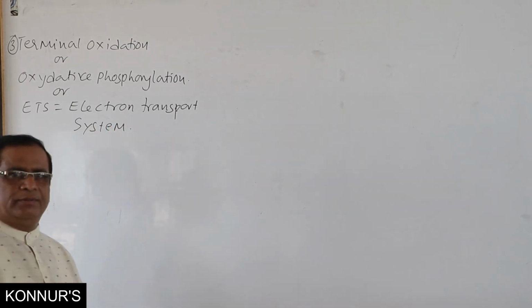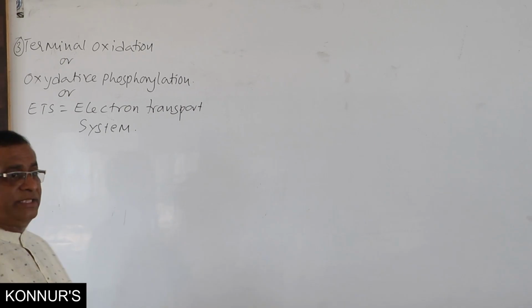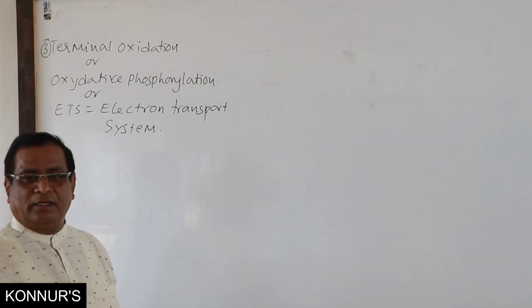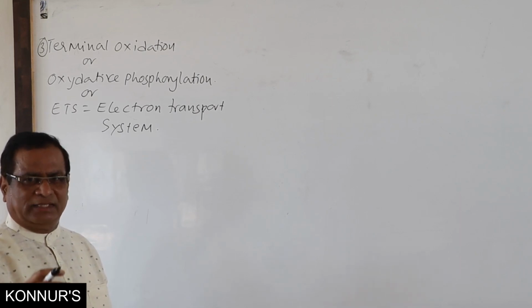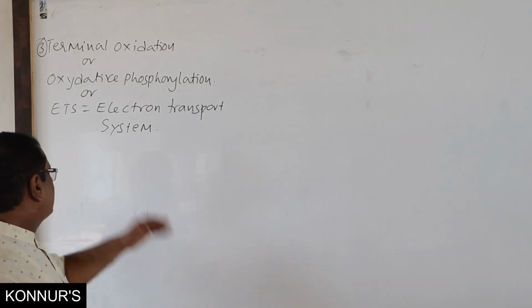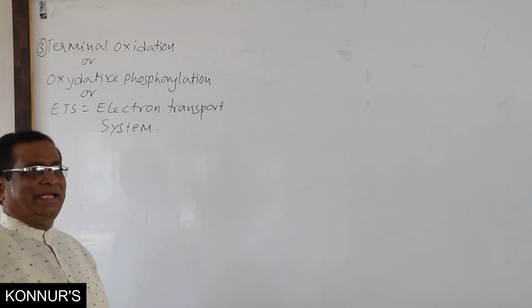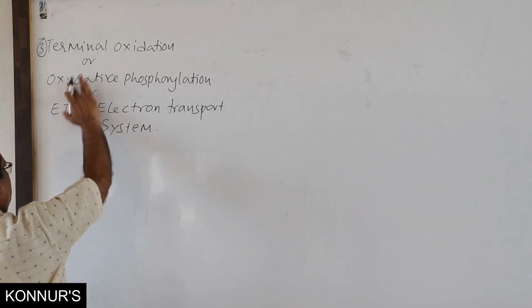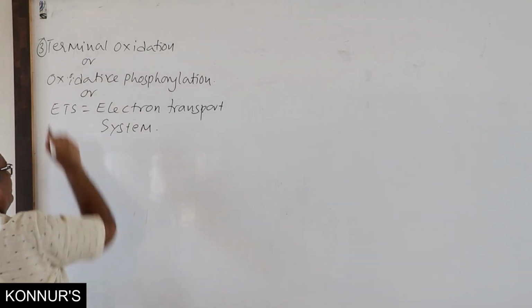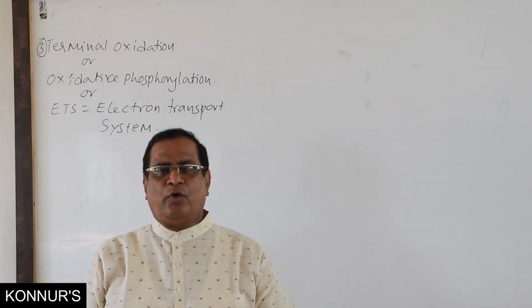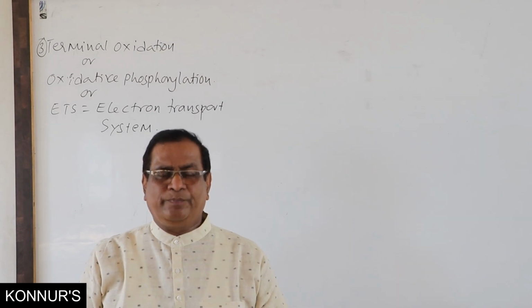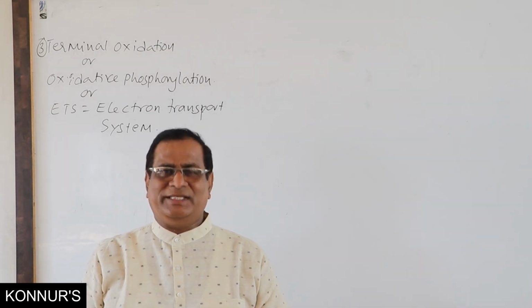This final step is said to be terminal oxidation because oxygen takes part in the final step, and it is said to be oxidative phosphorylation because here ATP is formed from NADH2 and FADH2 in the presence of oxygen.